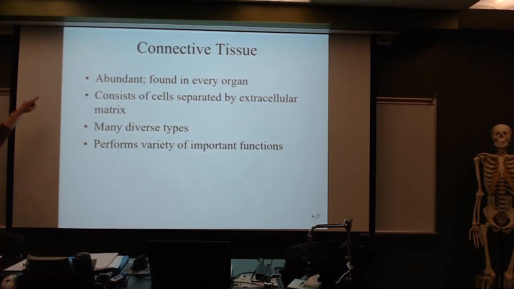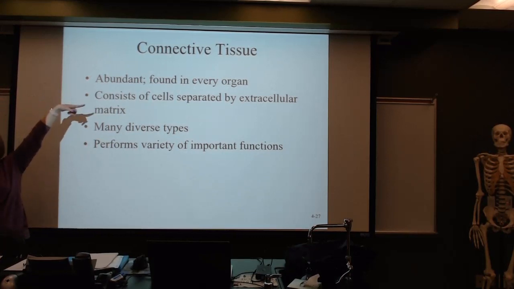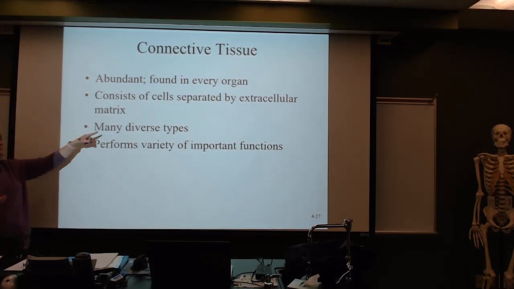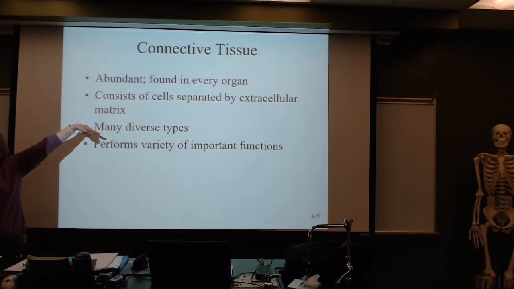We're going to see that it's abundant. It's found in our organs. Well, it's going to be found in a lot of places. There are many diverse types of connective tissue. And what we're going to see is the matrix for this.